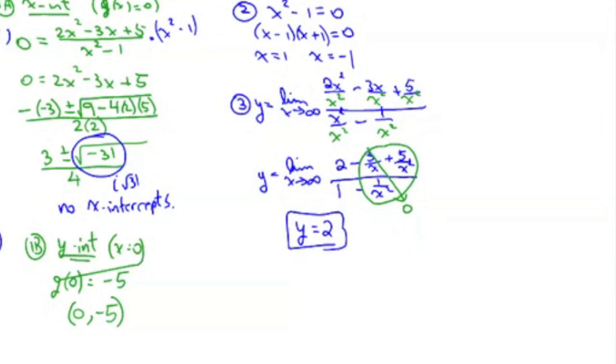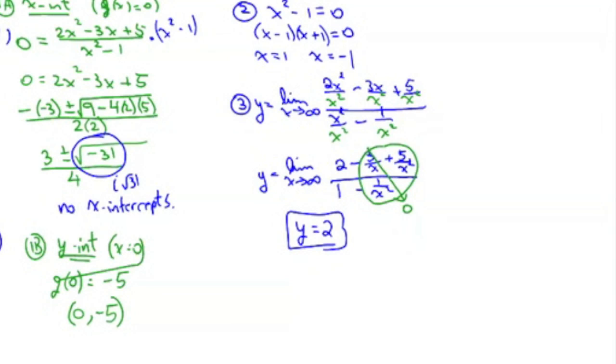Not that bad, right? Now there's some trick problems. Like for instance, if the power in the top was less than the bottom, then the top would equal 0 over a number, and 0 over a number is 0, and that would be the x-axis. The other one is, what if the power is higher in the top and lower in the bottom? Well, then it doesn't have a horizontal asymptote. That's something else, but we're not going to deal with those.